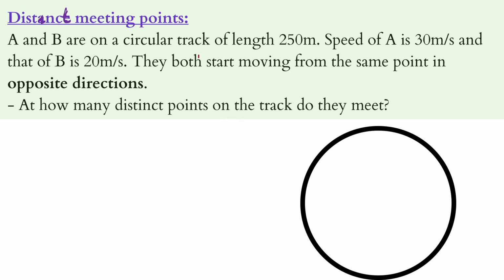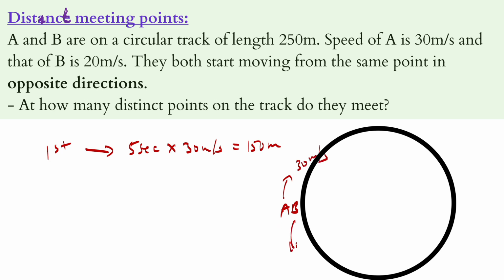The values are the same as the previous one, and we calculated that for the first time the distance is 5 seconds into 30 meters per second, which will be equal to 150 meters, right? See, this one is A, this one is B here. A is moving in this direction at 30 meters per second, whereas B is moving in this direction at a speed of 20 meters per second.